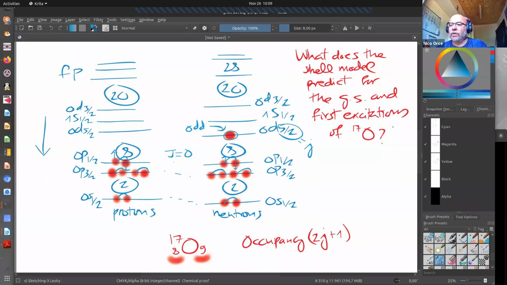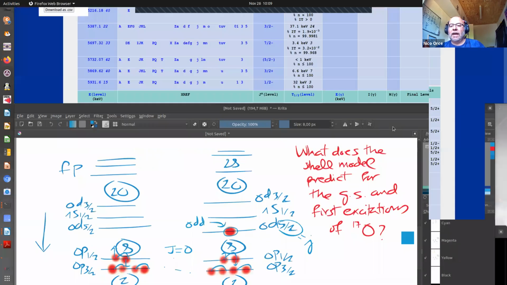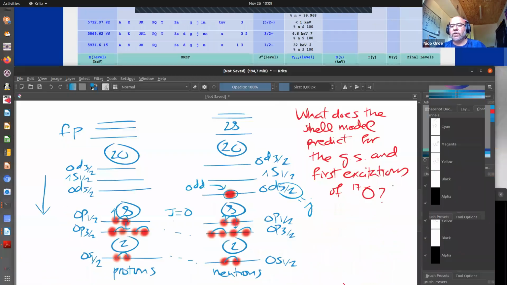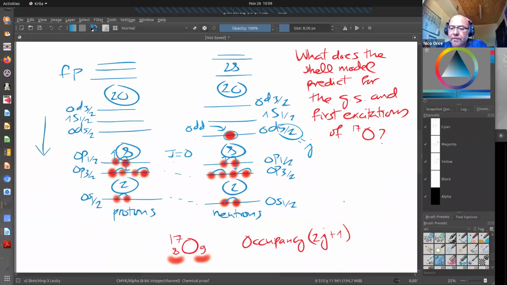As you can see, we went to the NNDC, and the ground state is a 5/2 plus. And as we know also, the parity is equal to (-1)^L, and in this case it's D, so 0 is S, right? 1 is P, 2 is D, S, P, D, F, G, 3, 4, and so on and so forth, right?